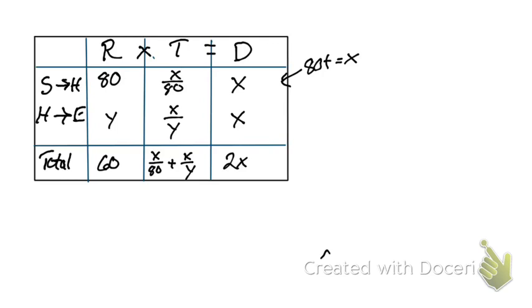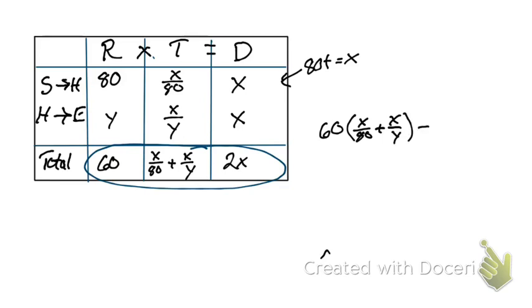All right, well, this leads us to this equation down here, where 60 times all that needs to equal 2x. So we are going to have 60 times x over 80 plus x over y equals 2x.